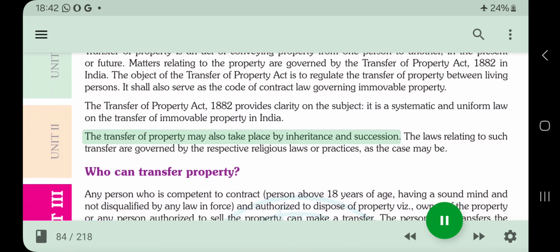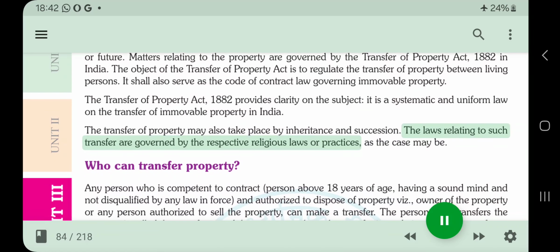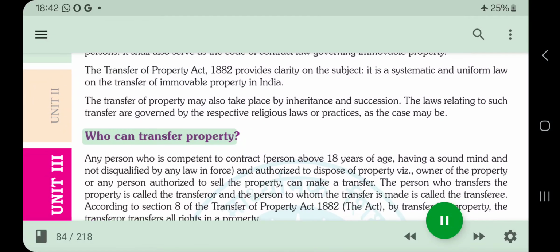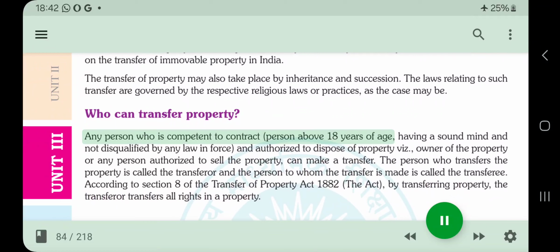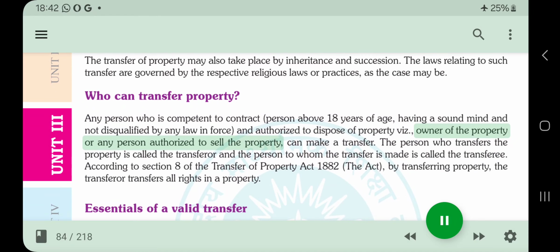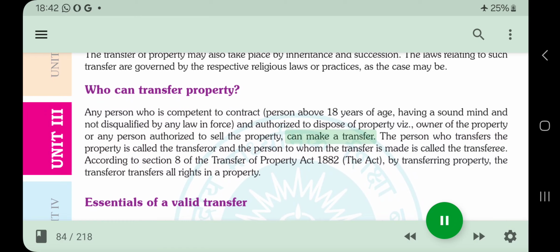The transfer of property may also take place by inheritance and succession. The laws relating to such transfer are governed by the respective religious laws or practices, as the case may be. Who can transfer property? Any person who is competent to contract, a person above 18 years of age, having a sound mind and not disqualified by any law in force, and authorized to dispose of property, viz. the owner of the property or any person authorized to sell the property, can make a transfer.